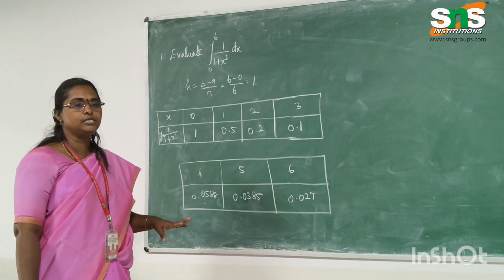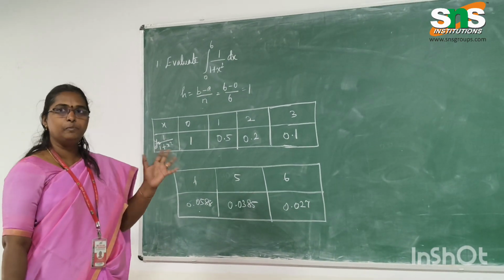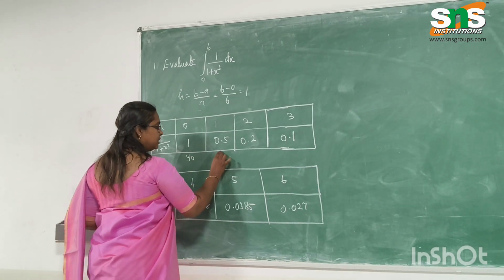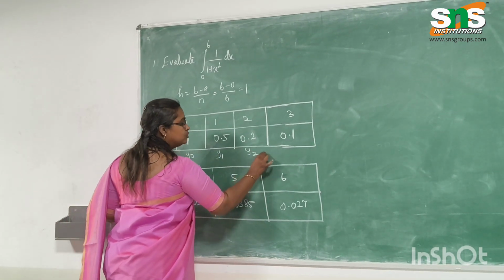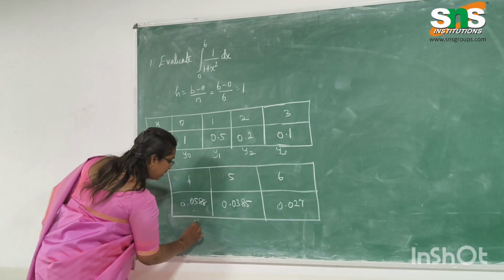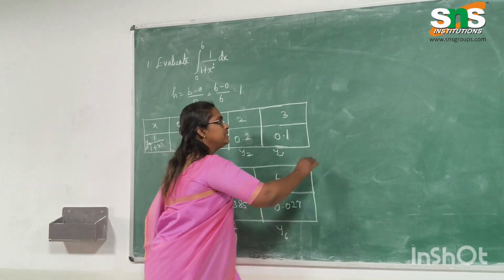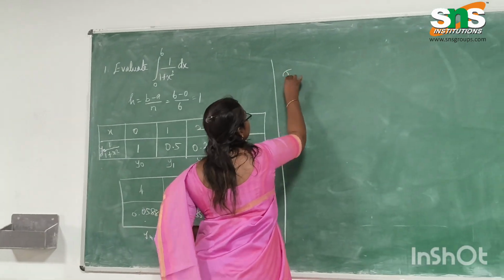Already we discussed many sums earlier on how to do the trapezoidal rule and Simpson's rule, so I am just going to explain how to replace the values. First we give names: y0, y1, y2, y3, y4, y5, y6. First I start with the trapezoidal rule.